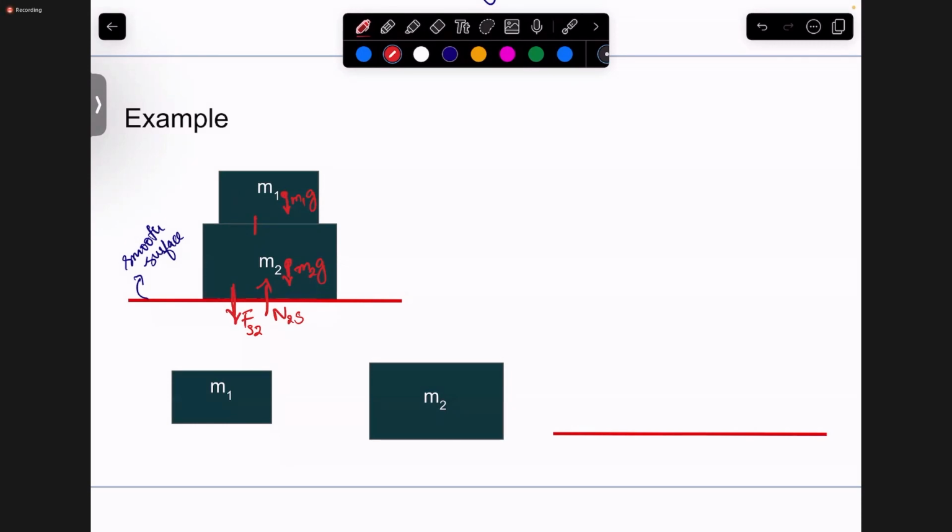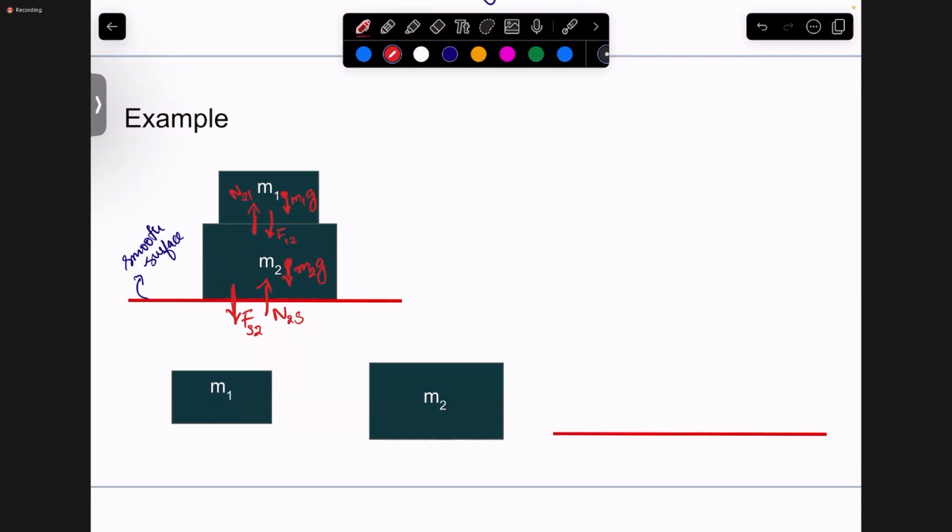Okay, and there is another force which is N21, the normal force due to 2 on 1, and there is a force exerted by 1 on 2.